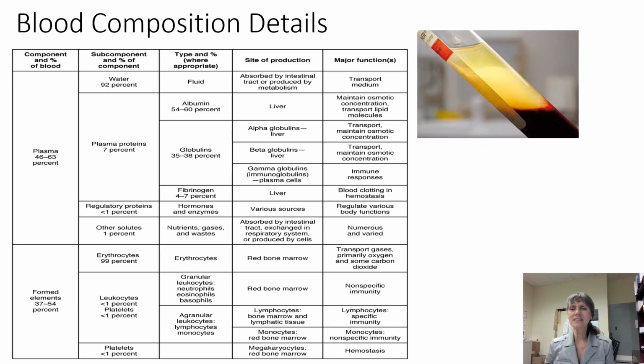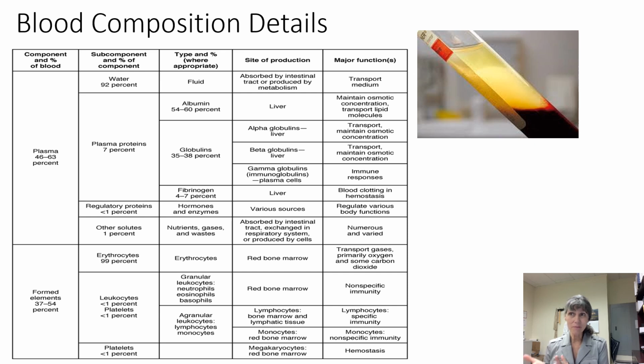As you look at this slide, you can see a picture of a centrifuge test tube to the upper right-hand side, and then the chart on the left demonstrates the components and percentages of blood. So remember that hematocrit is normally 45% plus or minus, and then the plasma would be 55% plus or minus.